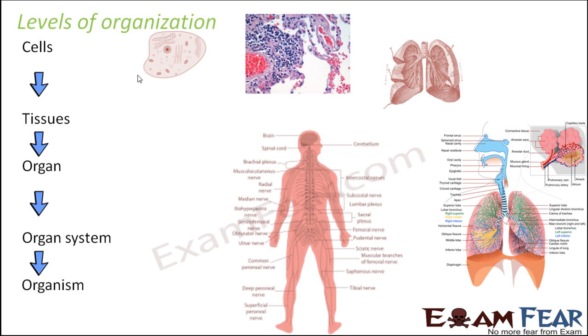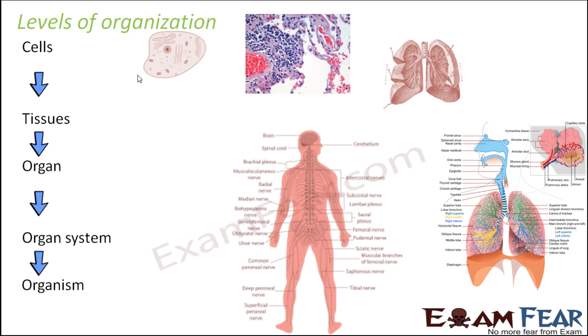And what is the organism? The organism in this case is a human being. So this is our level of organization: the basic building block starts with the cell, cells group together to form tissues, tissues group together to form organs, organs form organ systems, and many such organ systems together form an organism.